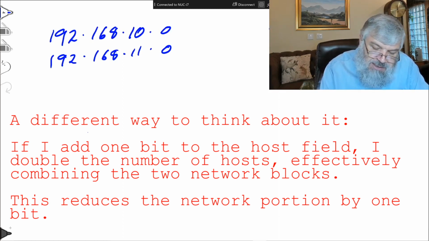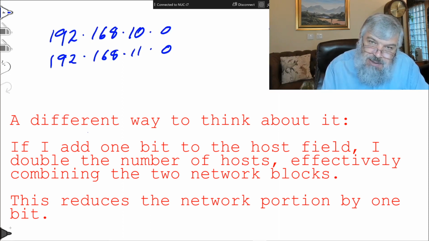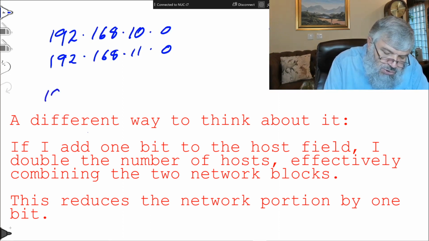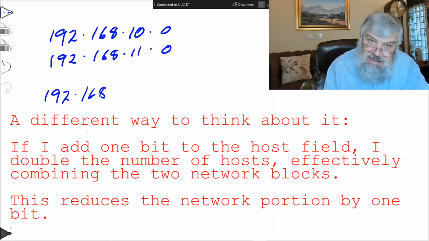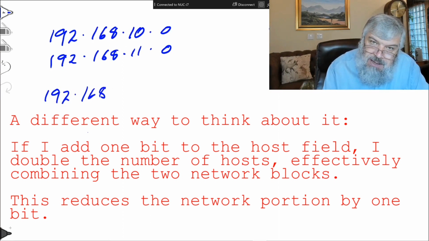To combine them, I want to not use those 24 bits as the network address. I want to use only 23 of them. So the 192.168 will remain as is, but I need to play with that 10 and that 11 to see whether I can combine them into one single address.